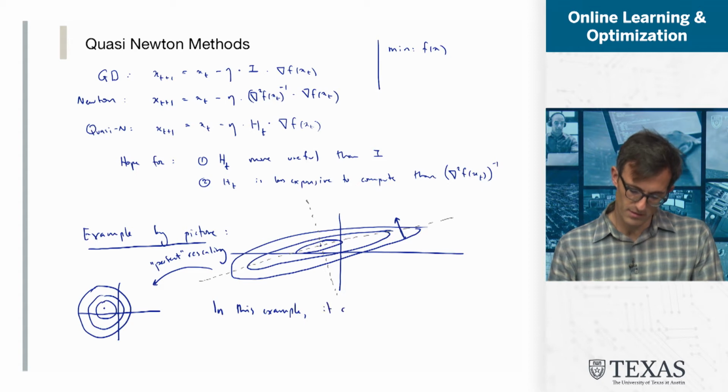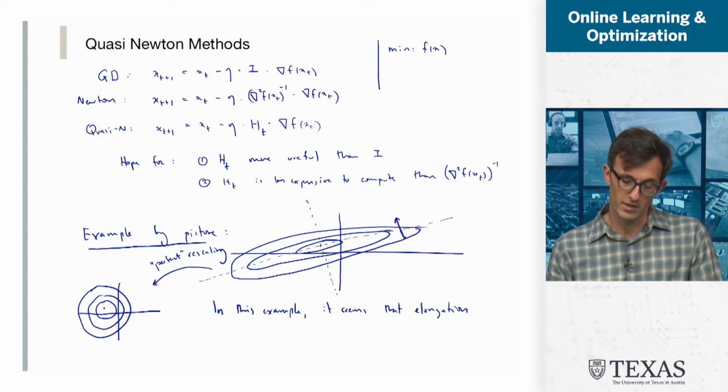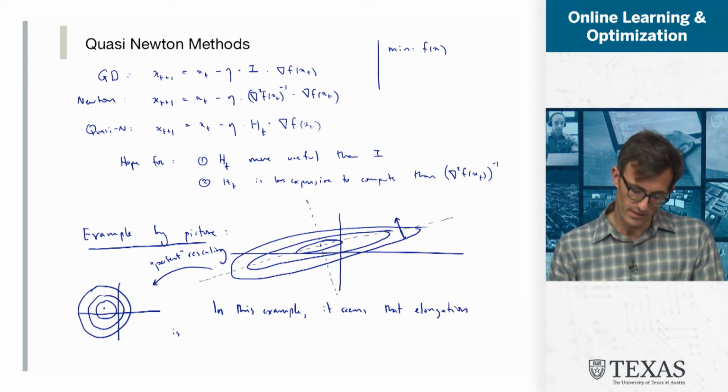So what I'm trying to say is that in this example, it seems that the elongation, the skewness, is nearly aligned with the coordinate axes.